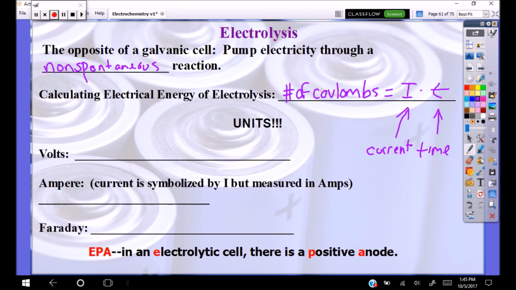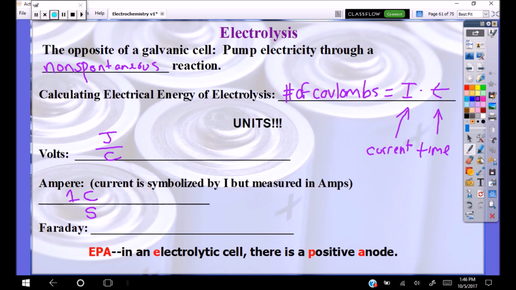When we get into units, remember that a volt has units of joules per coulomb. That part is very important. We also know that amps have coulomb per second. So we have 1 coulomb of charge being transferred per second. That is what an amp is. So talking about our current there.